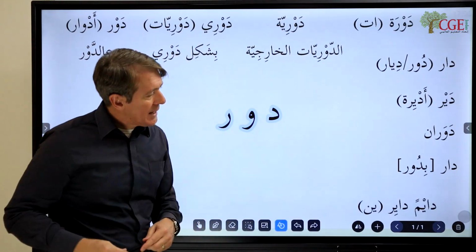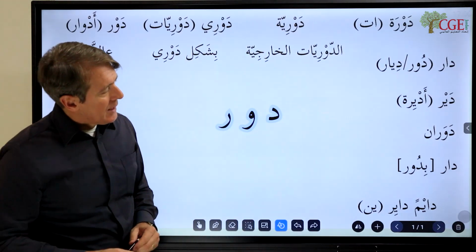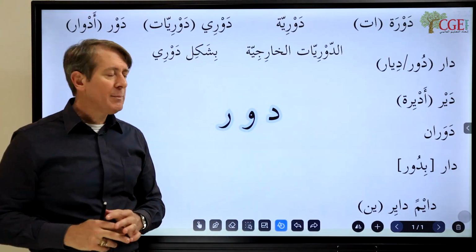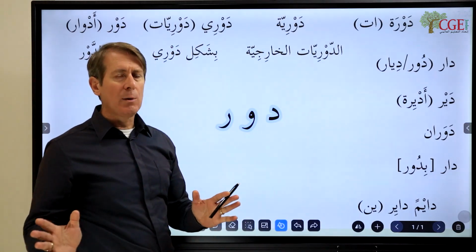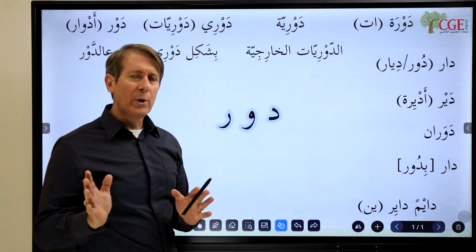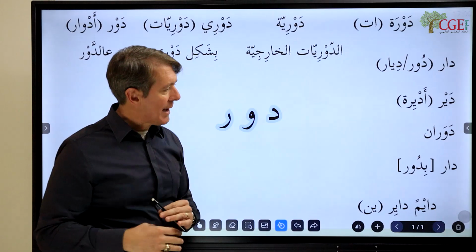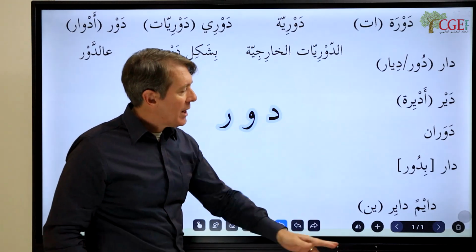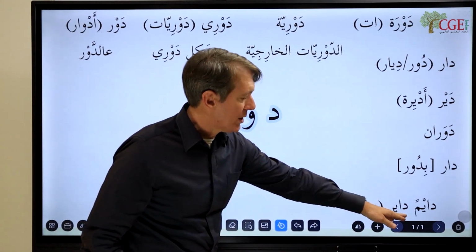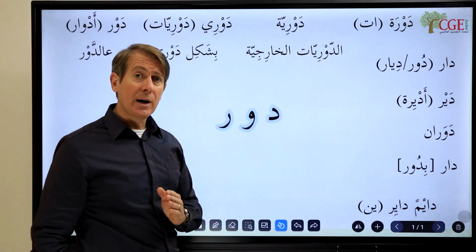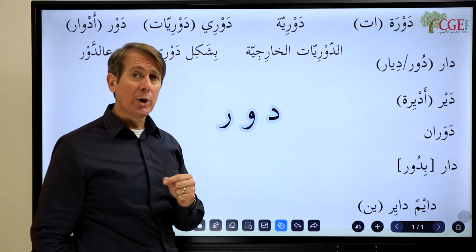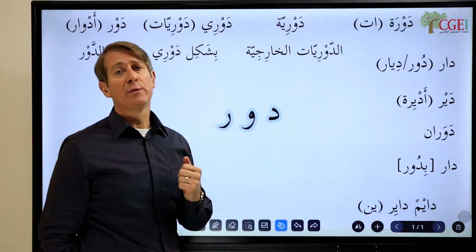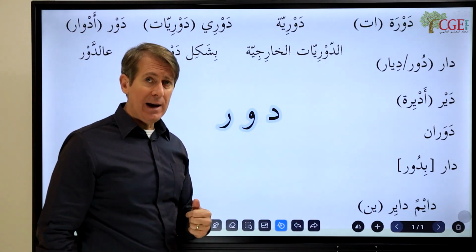All right, next one is the ism al-fa'il. Now, I put daim there because this is a phrase. I want to put the phrase just to help you out with that. But focus here now just on the word itself. Dair. Dair is Amiya. We have the word da'ir, which is the Fusha ism al-fa'il.